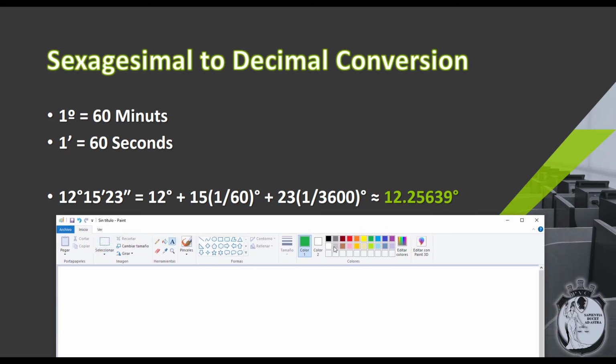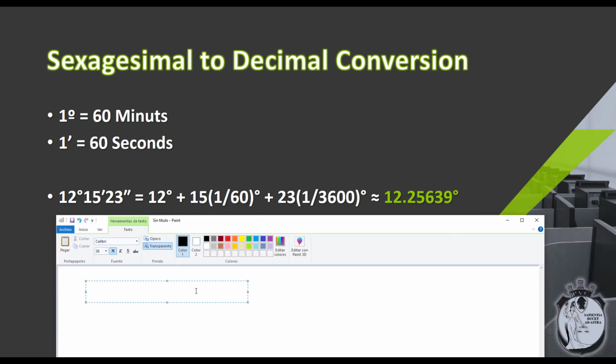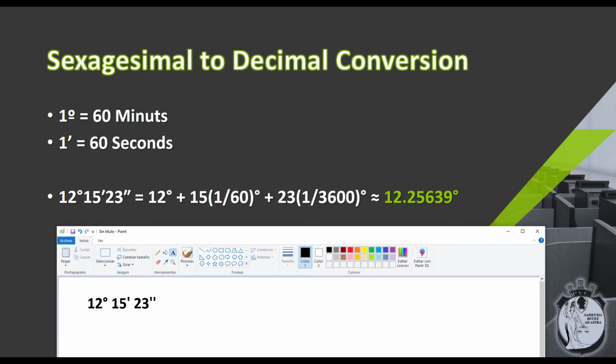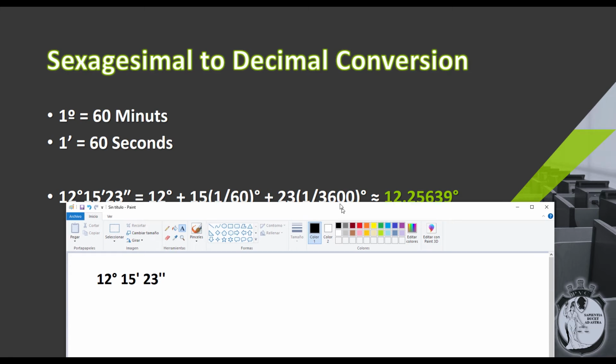Convert 12 degrees, 50 minutes, 23 seconds. This is the formula that we will use: divide by 1 and multiply by 60, or divide by 1 and multiply by 3,600.